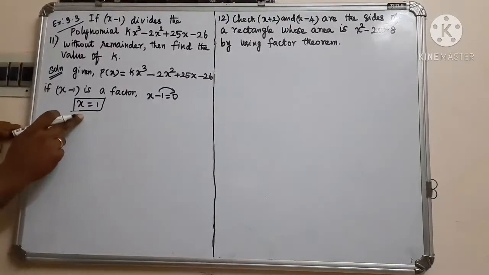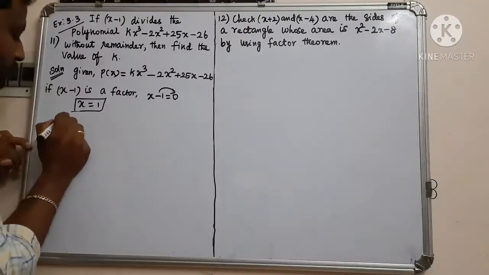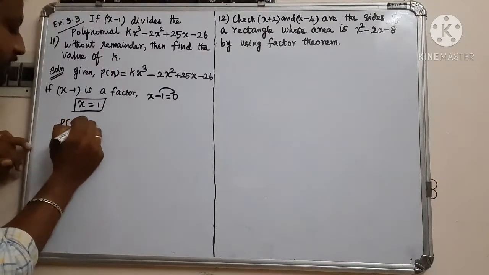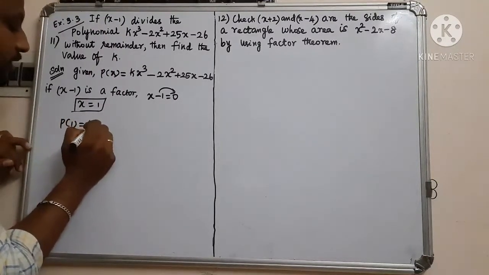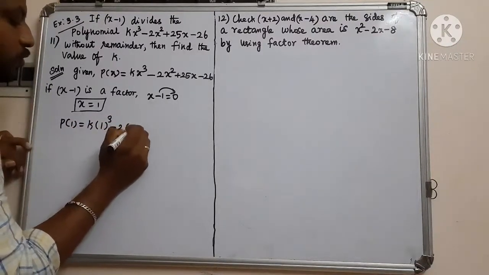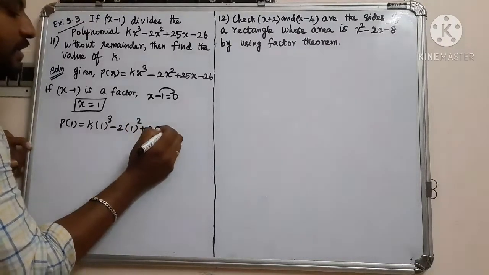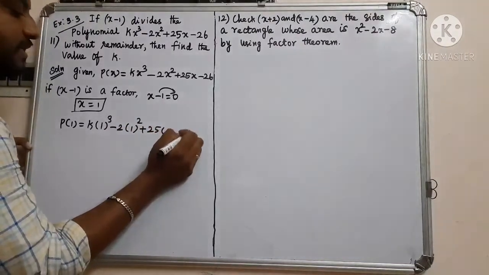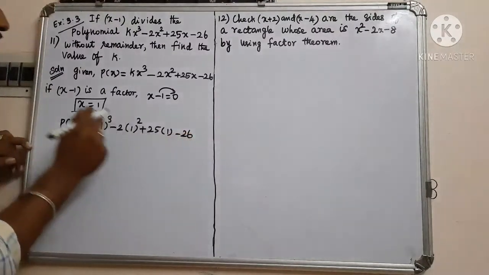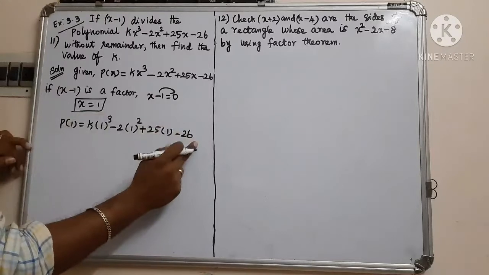So substitute the value x is equal to 1 into the given polynomial. So p of 1 is equal to k into 1 cube minus 2 into 1 square plus 25 into 1 minus 26. If x minus 1 is a factor, the remainder must be equal to 0.